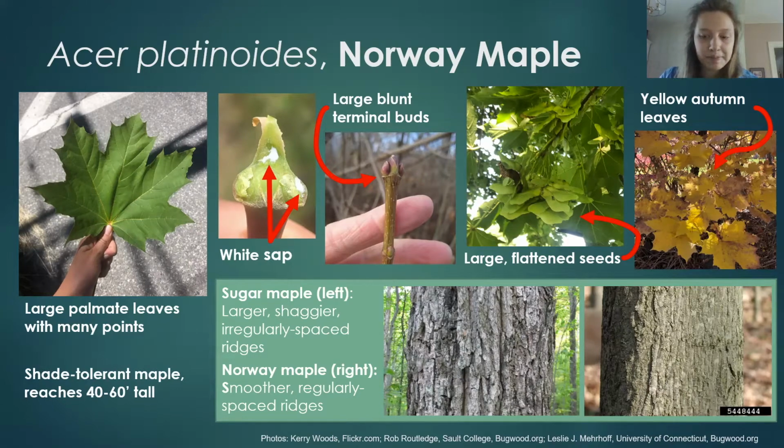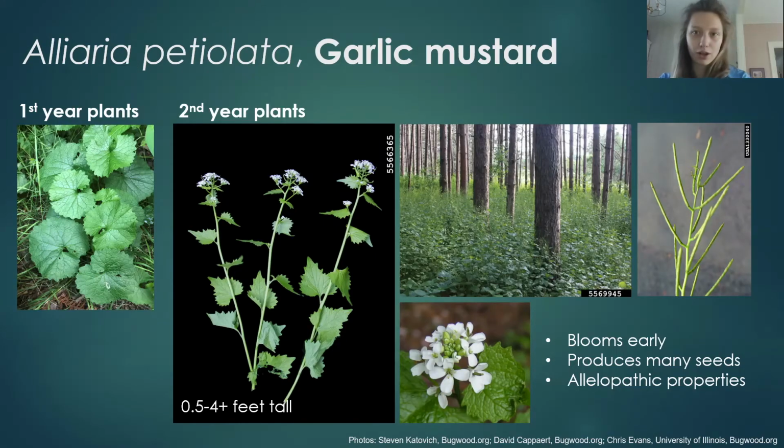Our next species is garlic mustard, and this is actually an herbaceous species. It's a biennial, which means that it has a 2-year life cycle. And the first year plants look a lot different from the second year plants, and they can be a little bit trickier to identify.